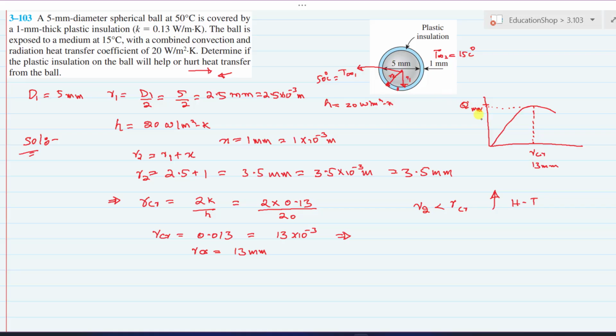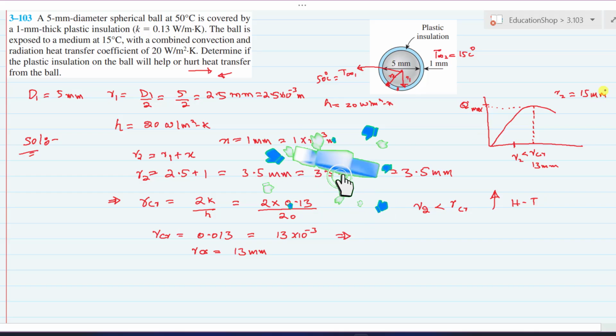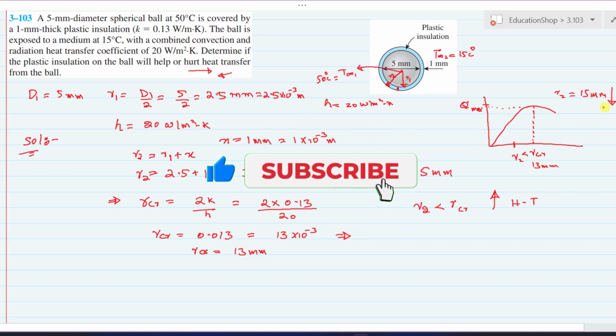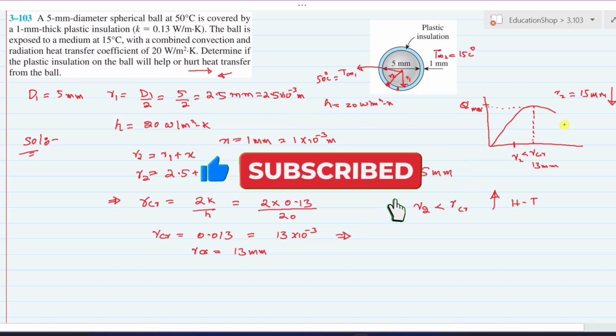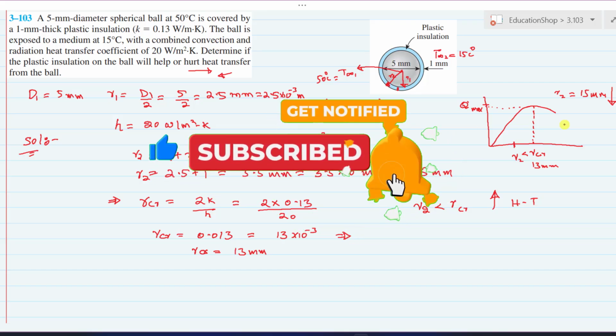Since the R2 value lies in this region, let's say this is R2, R2 is less than our critical radius, and we can say that the heat transfer will increase until the R2 value reaches 13mm, and then it will decrease if the value increases beyond the critical radius of insulation. Let's say if we got an R2 value of 15mm, then the heat transfer through this bar will decrease, not increase. That's the concept that the author wants to deliver in this statement.